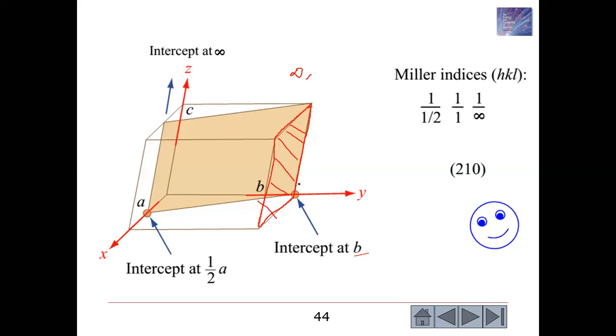This is intercepting y at 1, so this will be 1. This is also parallel to the z-axis, so this will also be infinity. So what you need to do is take reciprocals. The reciprocal of infinity is 0, so 0, 1, and 0. So (0, 1, 0). So that's your plane.